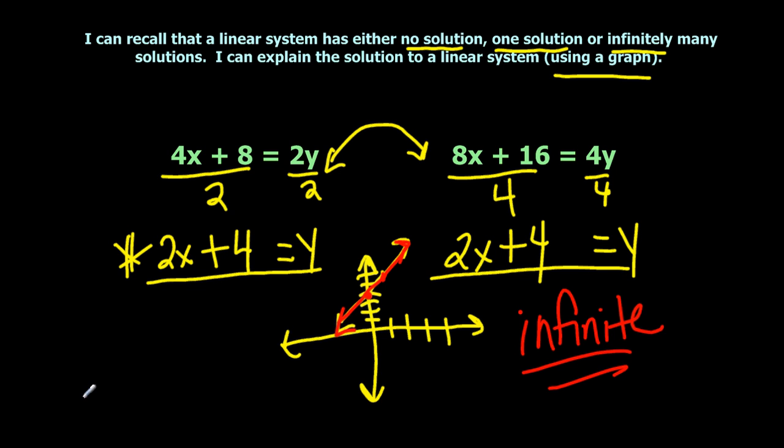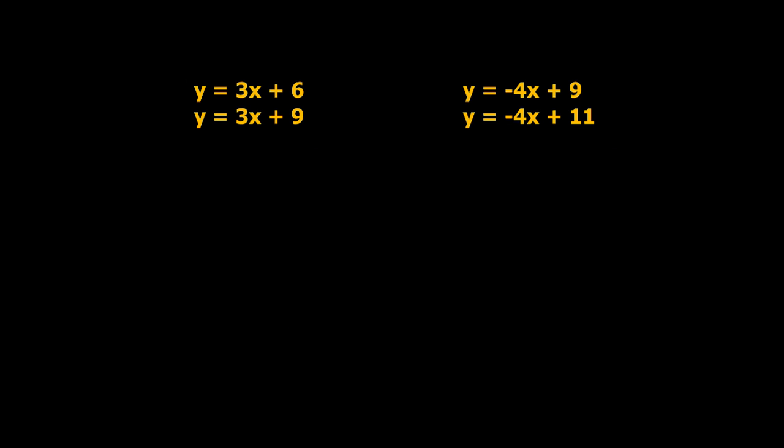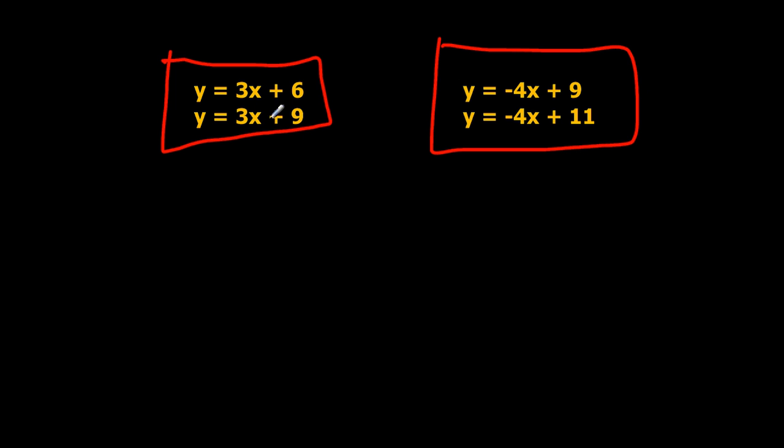Let's look at one that might be a little bit different. So what if I have two things that look like this? Now, right away, I have two different groups here. I have this group, this system, and then I have this system. But the thing I notice is that that number in front of my x is the same. And same thing over here, which means my slope is the same in these lines.